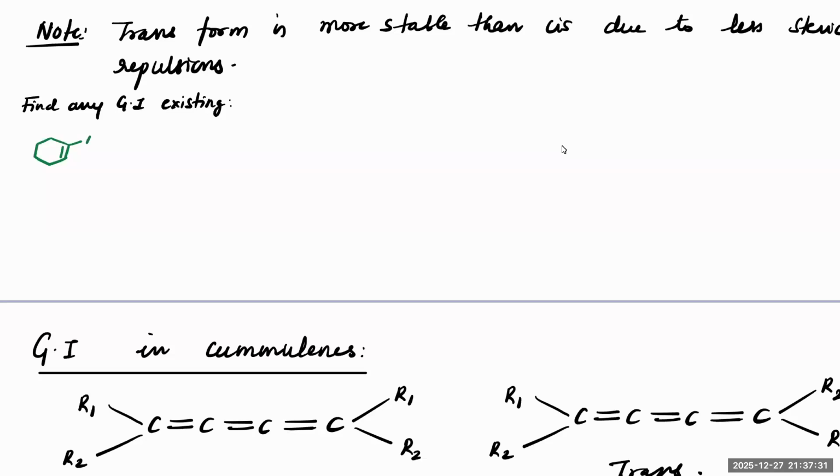Double bond here with methyl and methyl, the first case. Second case, double bond here with methyl and methyl. CH3, C triple bond here with CH3. Next, I have OH here, OH here, double bond CH2. Next, NH, double bond NH.